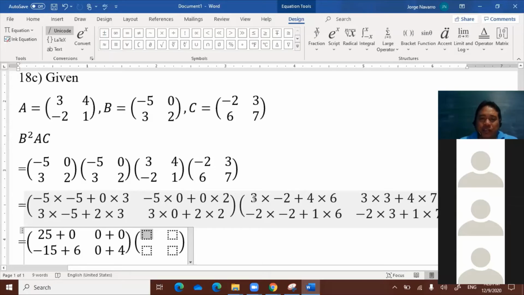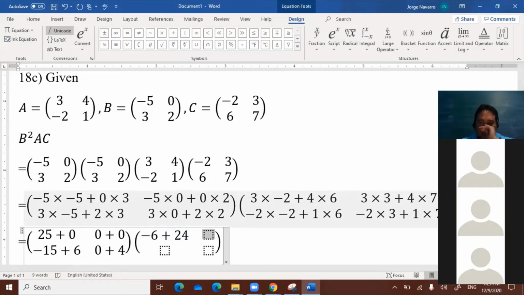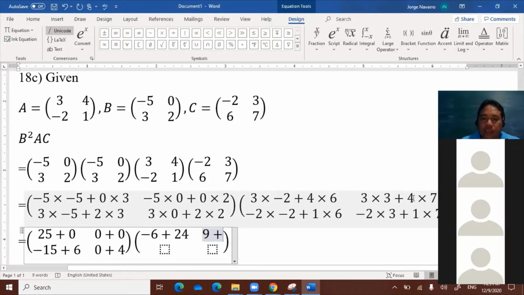All right. So 3 times negative 2, that's gonna be negative 6, right? Plus 4 times 6, that's 24. Okay. Then 3 times 3, that's 9, plus 4 times 7, that's 28. Then we move on to the next one.